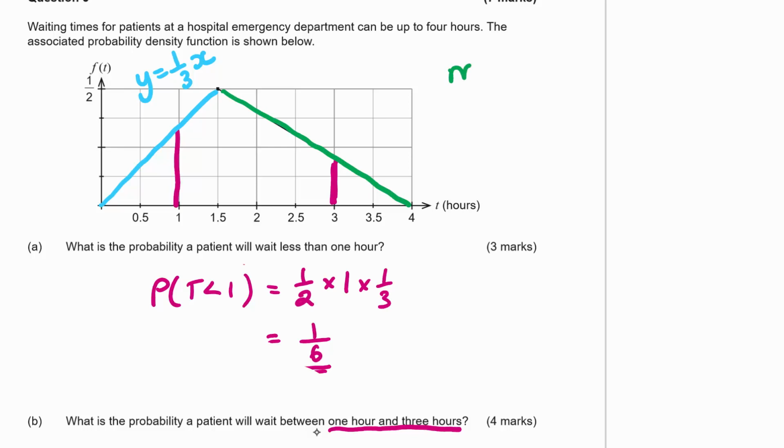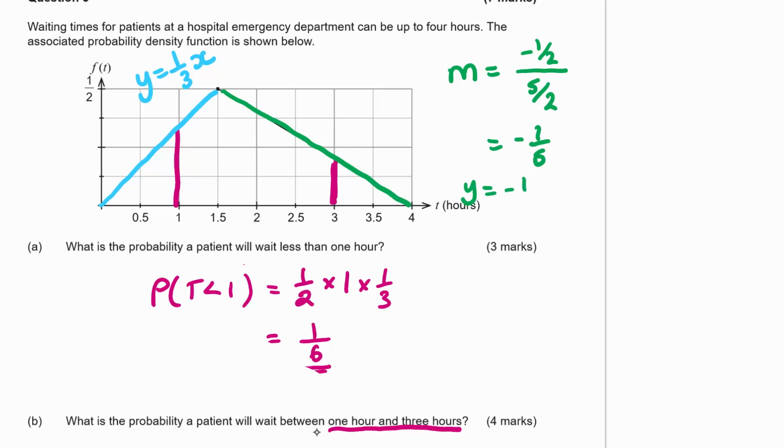Well, the gradient there is, so the y goes down by a half, while the x goes across by 2.5, which is 5/2. So that gives me a gradient of -1/5.